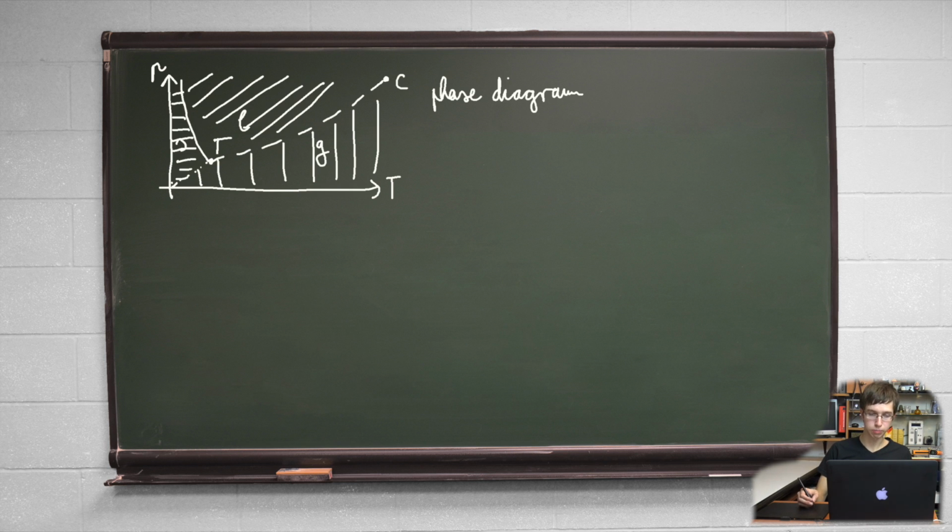When matter is transformed from one state of matter to another, its temperature does not change, because all of the heat is spent on this transformation, and this heat needed for transition from one state of matter to another at constant temperature is called latent heat. So big QL, latent heat.